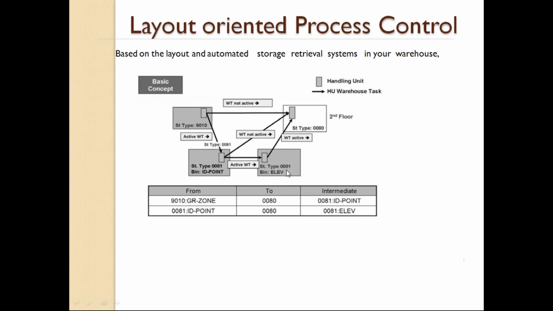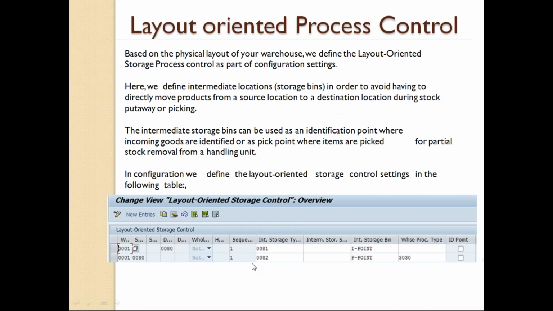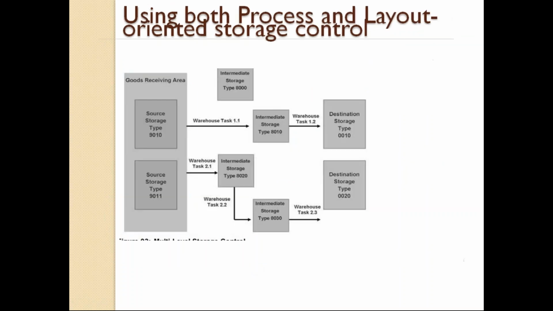Again we can add another point saying that from 81 to storage type it should go via some pre-bin, pre-storage bin, and then one more. So you can have n number of sequences, right? It doesn't stop you. In layout oriented, you can have via n number of times. So let's say your task 9012010, you say go via 8010.